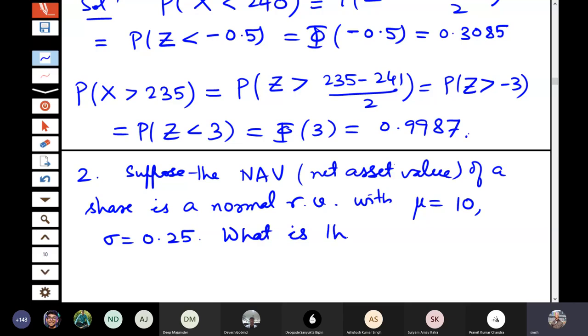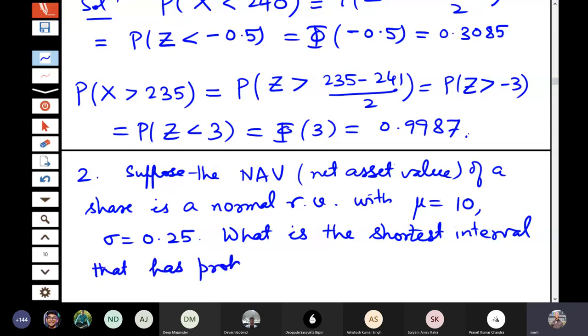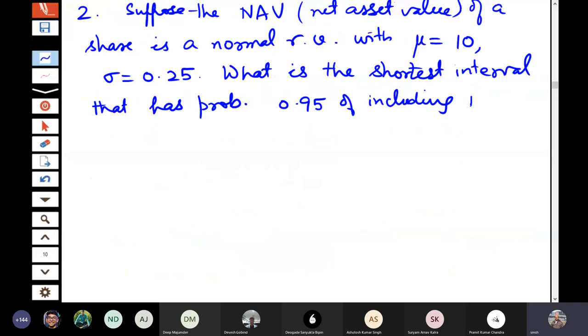What is the shortest interval that has probability 0.95 of including it?